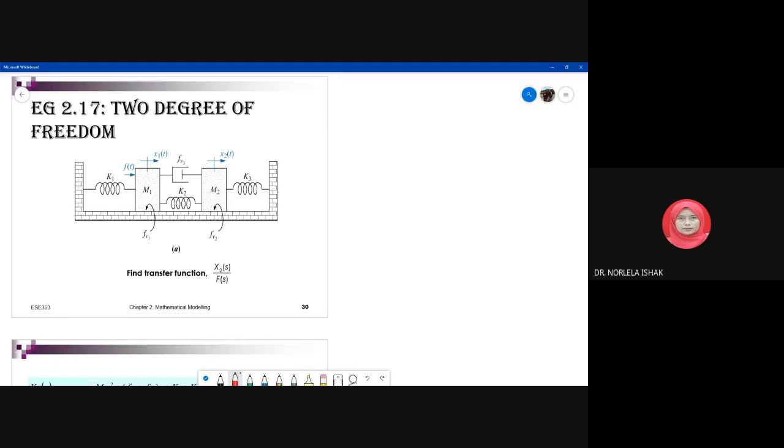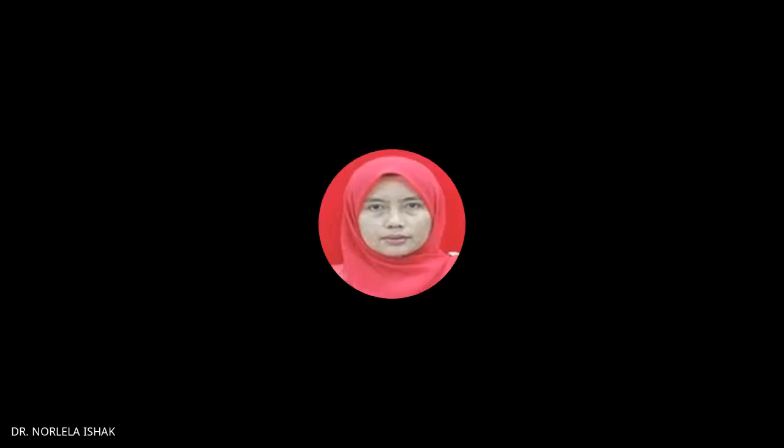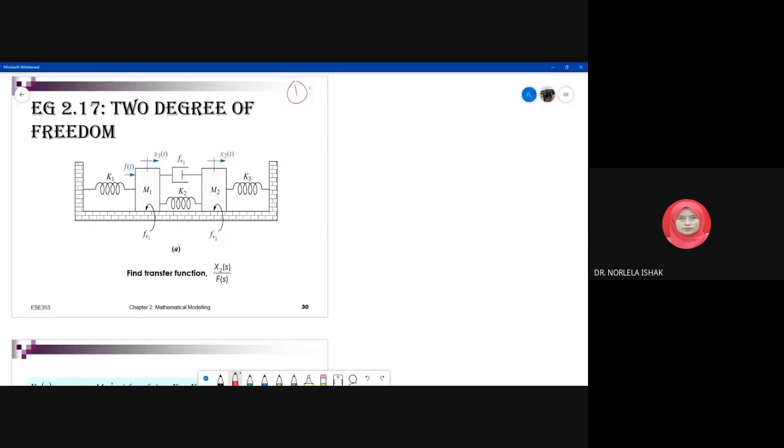For M1, that's due to displacement x1. For M2, due to displacement x2. So now number one, for mass, we try to derive mass number one.